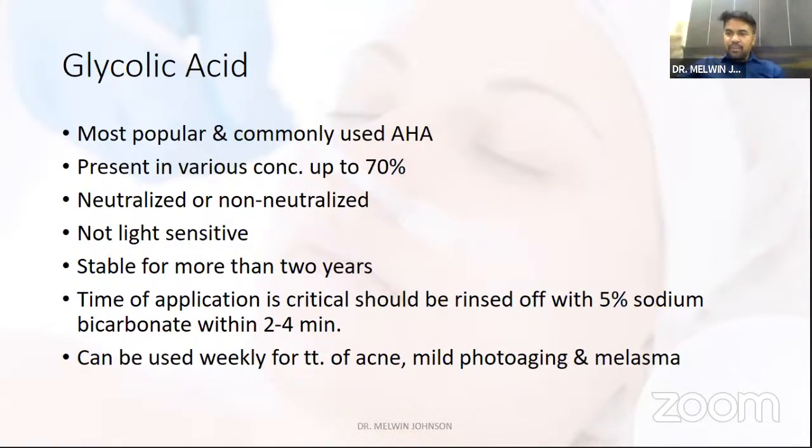You shake the bottle first, because I have experienced that you get pre-mixed solutions of peels, even the expensive ones, and with time the concentrate of that solution comes to the bottom of the bottle. So you need to shake the bottle before using, and then you dispense the required quantity.